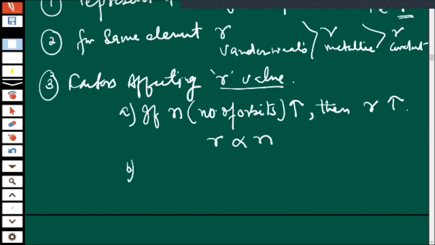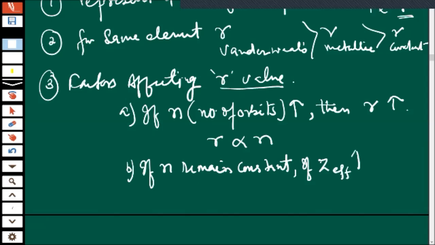Second one is, if n remains constant, then if ZEFF increases, then R value decreases.